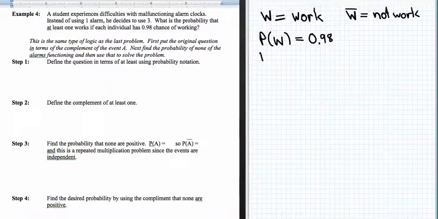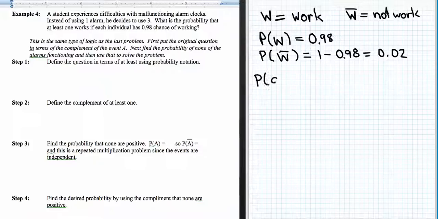So the probability of not working is 1 minus the probability of it working, which is equal to 1 minus 0.98. So we have a probability of 0.02 in terms of it not working. So we want to define the probability of at least one working, right? At least one working alarm means he's going to get up on time, right? That's what we want to know.